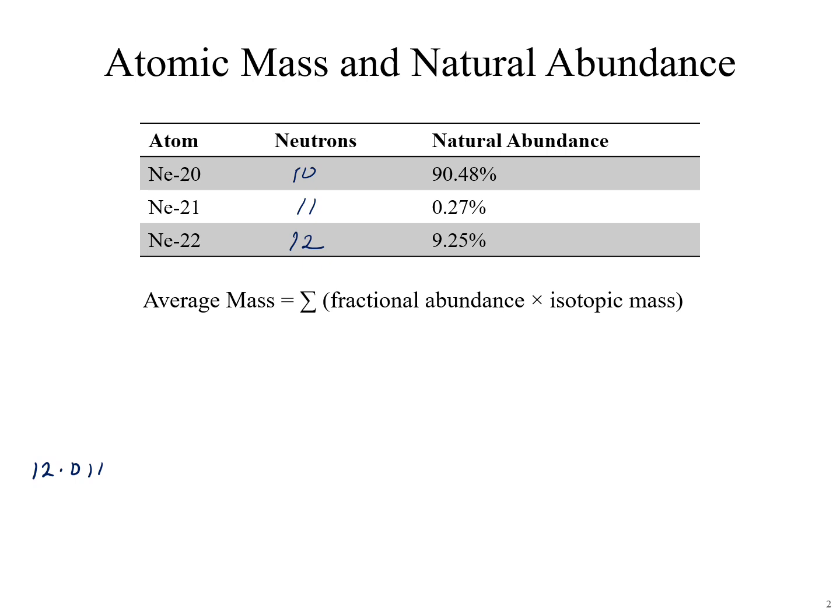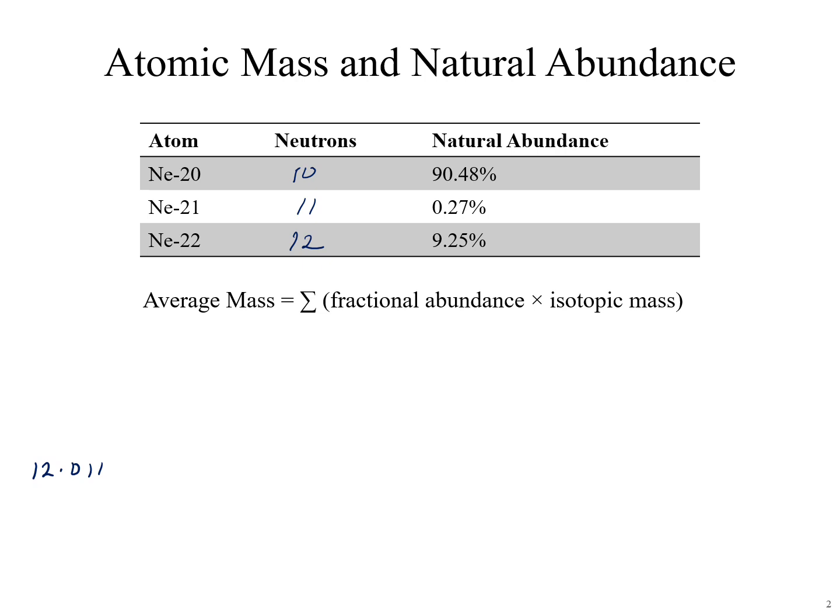I have neon with a mass of 20, or neon containing 10 neutrons, with an abundance that is close to 90%. Just to put that percentage in perspective, what it means is that if you take 100 atoms of neon at random and you check how many neutrons you have in these 100 atoms, out of the 100, 90 of those atoms are going to contain 10 neutrons.